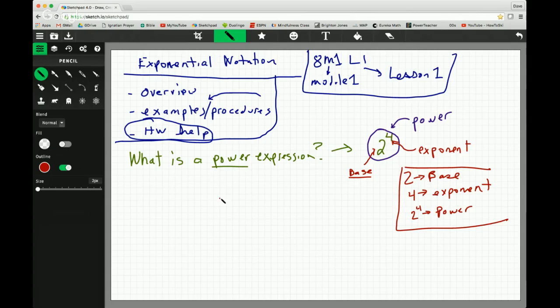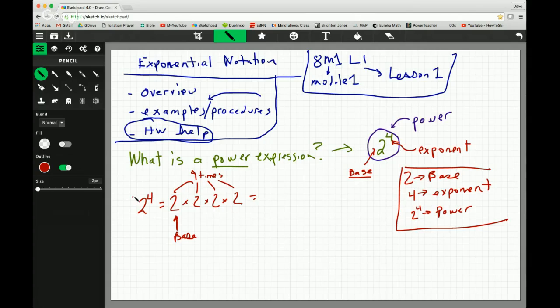All right. Now, let's talk about what this means. When I say 2 to the 4th, what that means is I repeat 2 times itself 4 times. So this simply says my base repeated 4 times.